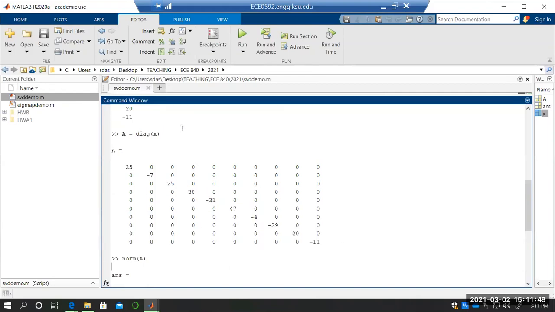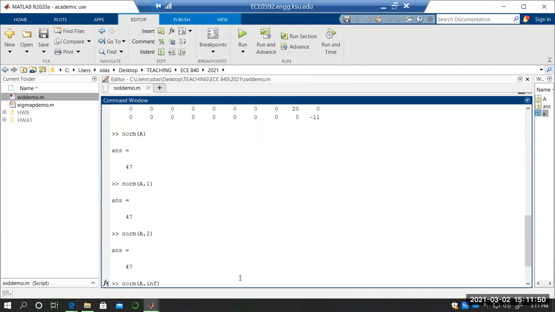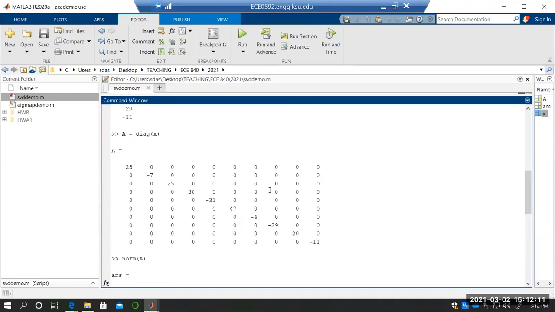So it will actually be the L2 norm of x. Norm x is 85.30. So this will be the Frobenius norm of A. Okay. Anyway, so this is for diagonal matrices.